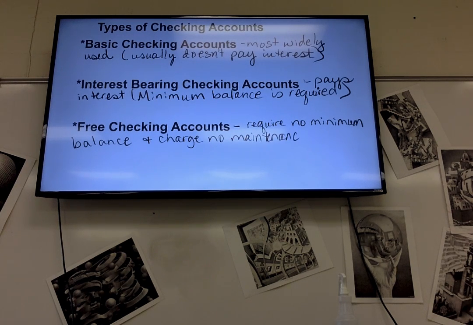Now, most personal checking accounts don't charge a maintenance fee anyways, but occasionally, like if you have a business checking account, then they usually will charge a fee every month for keeping your money in there. Because if it's a business account, it requires a little bit more work on the bank's part.